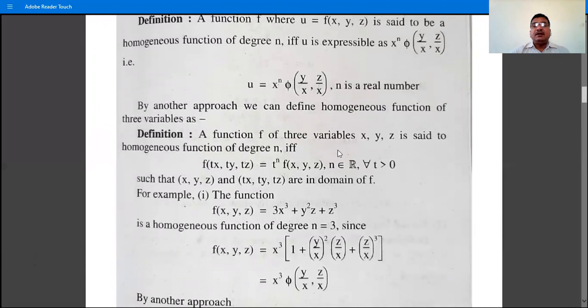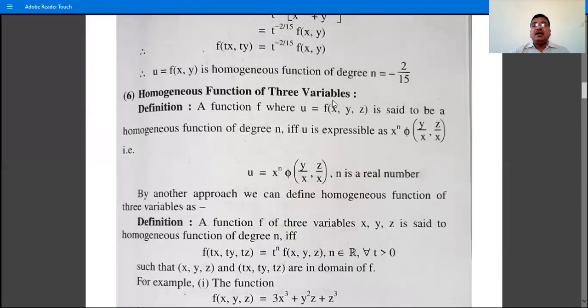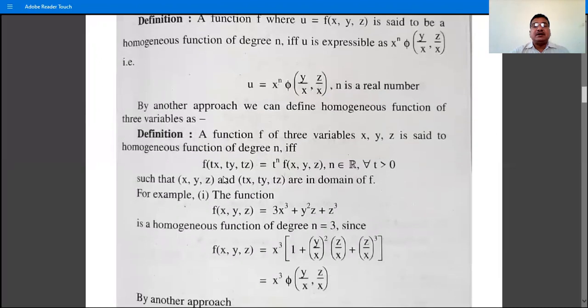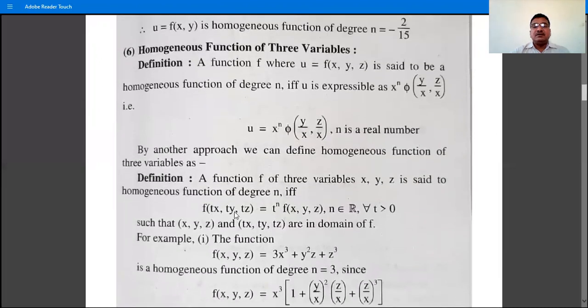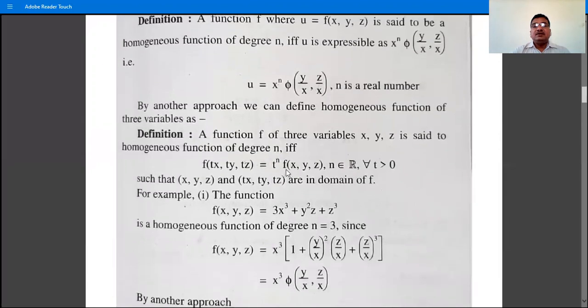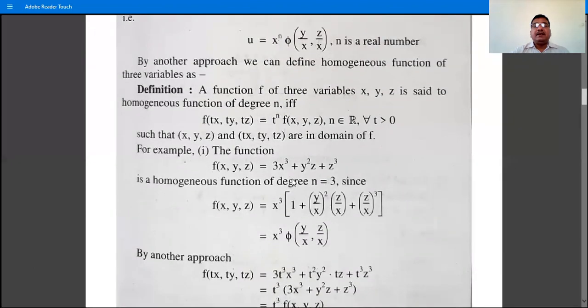Or we can define this in another form: f(x, y, z) is called a homogeneous function if f of tx, ty, tz is expressed in the form t raised to n f(x, y, z), then we say that this function f(x, y, z) is a homogeneous function of degree n.